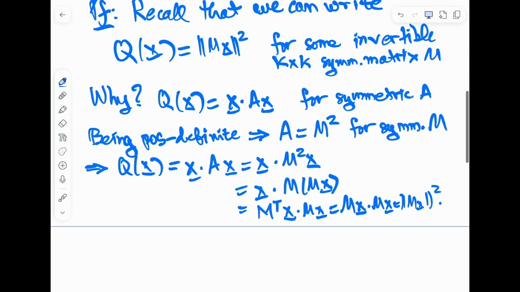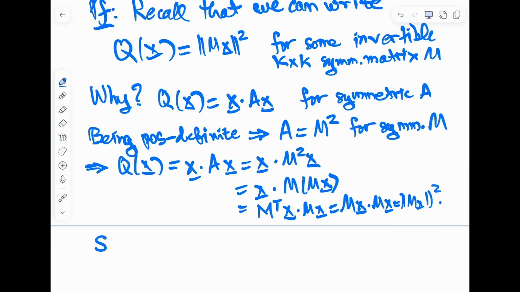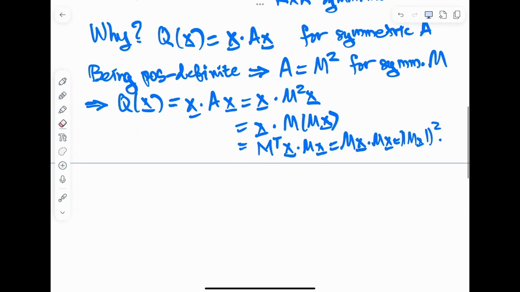So the point is that using the quadratic form, we get a vector space, or using, I guess, the square root.